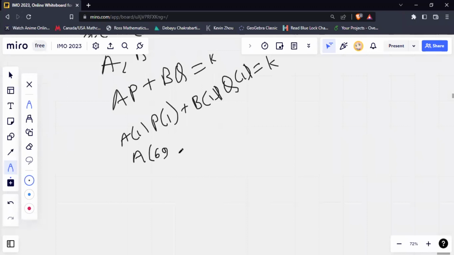This is always true. You can find two such polynomials such that this is true.